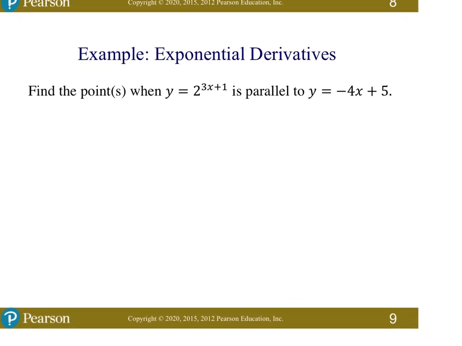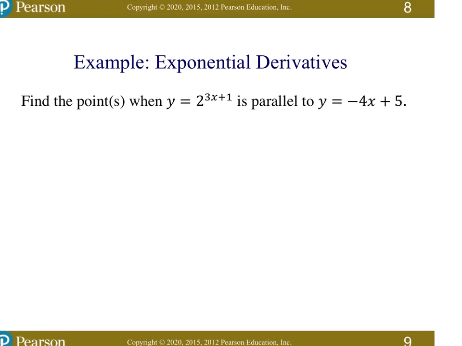All right, here's another way we can ask a question about derivatives. Find the points when y equals 2 to the 3x plus 1 is parallel to negative 4x plus 5. Now this doesn't look like maybe it's a calculus question, but let's see how we would actually use calculus for it.